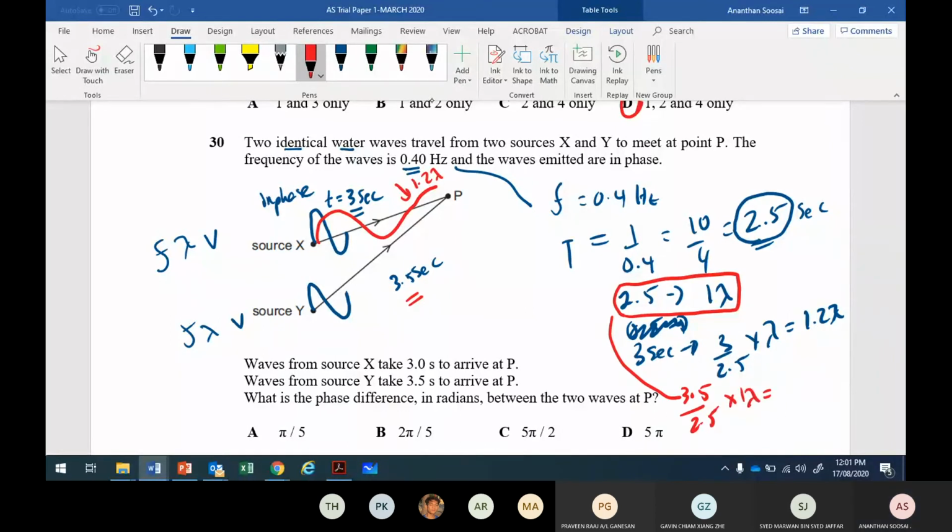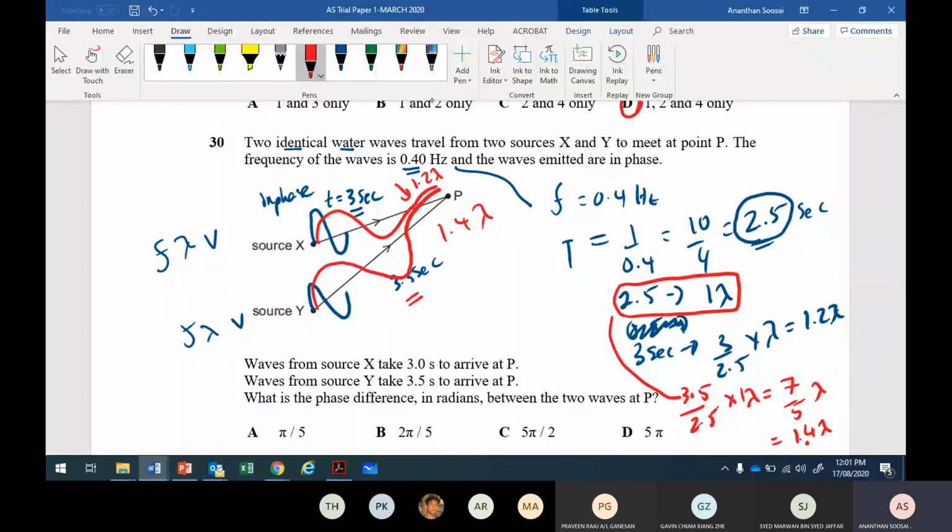How much do you get? 7 over 5 lambda, which is 1.4 lambda, correct? So this wave travels one wavelength, then a little extra. So this is 1.4 lambda.